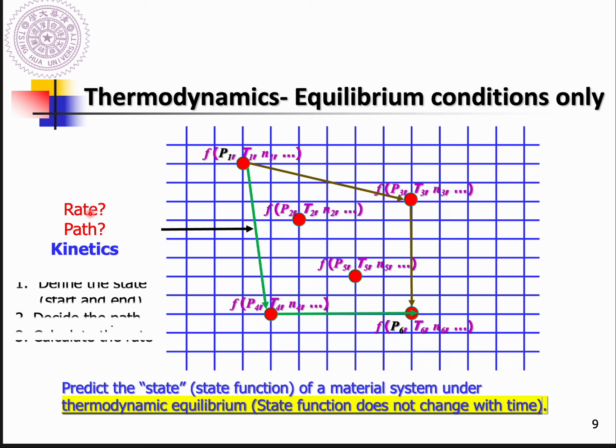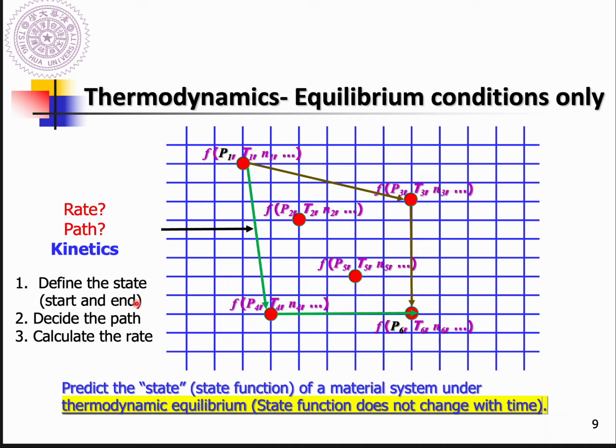So now you know, in order to estimate the rate of a kinetics process, first of all, you need to use thermodynamics to help you define the states of your material system and find out the start and ending point, or start and ending state.